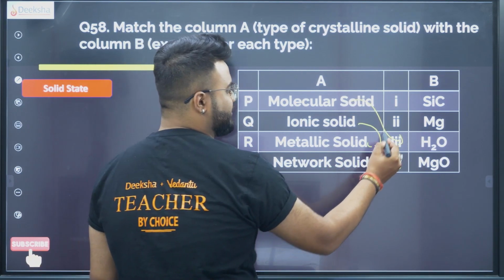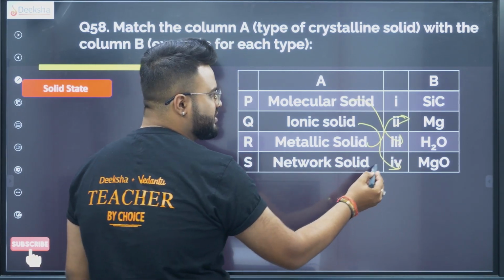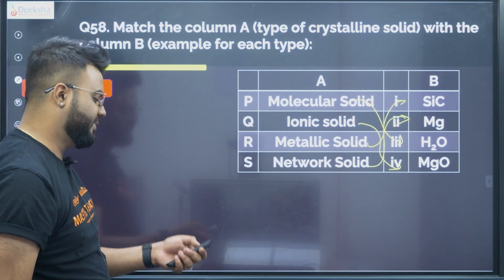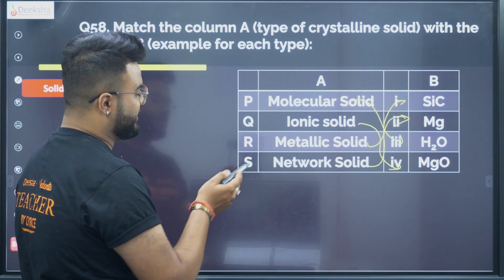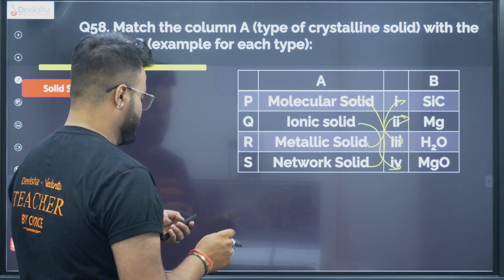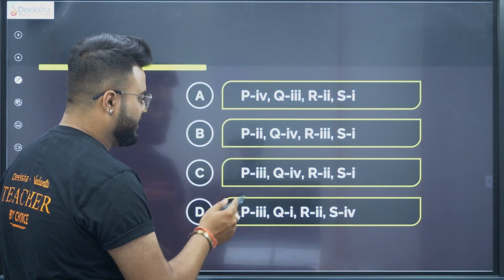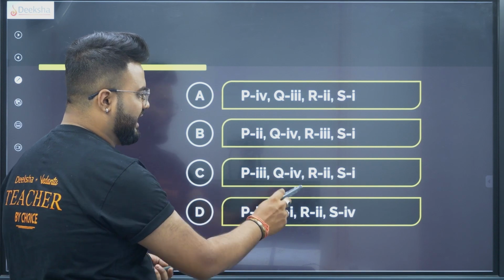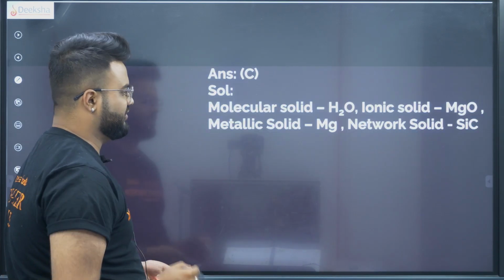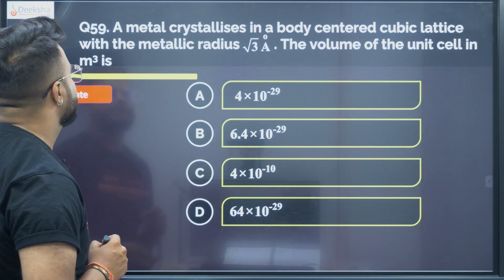Metallic solid is nothing but magnesium, and network solid is silicon carbide. That is P3, Q4, R2 and S1. Therefore option C will be your correct answer.